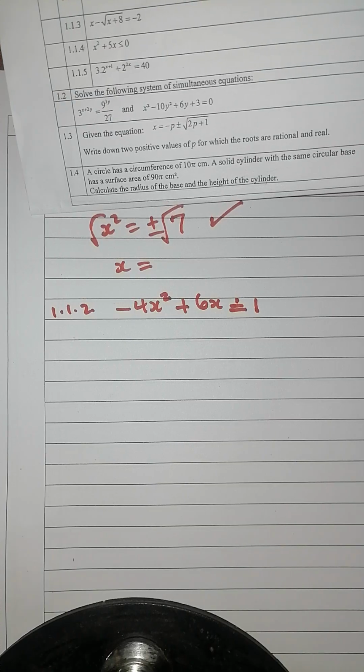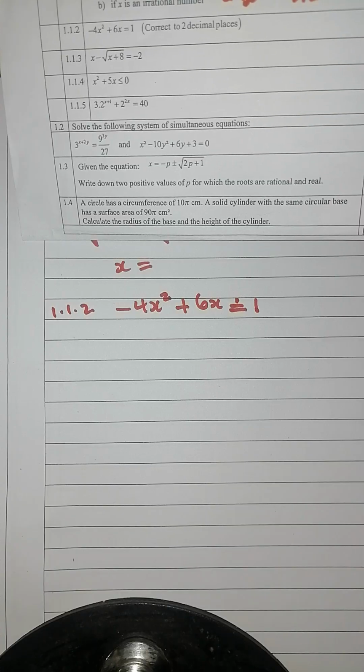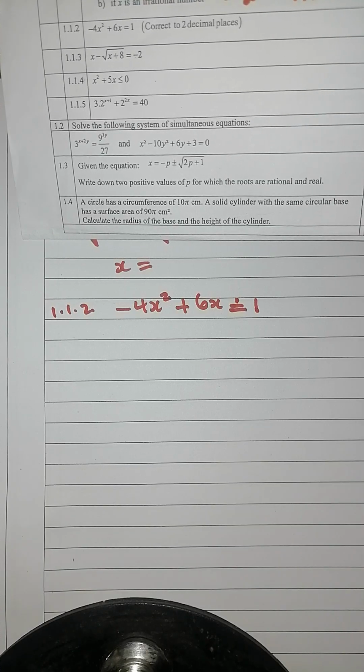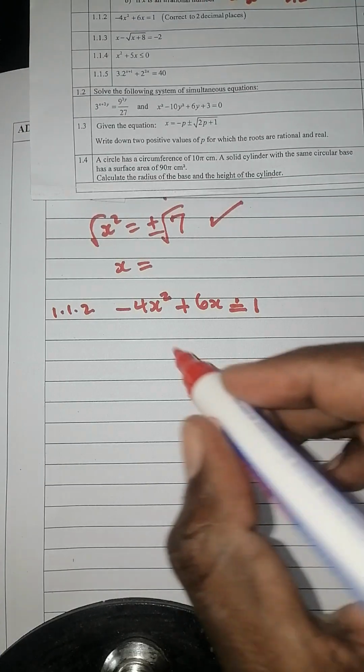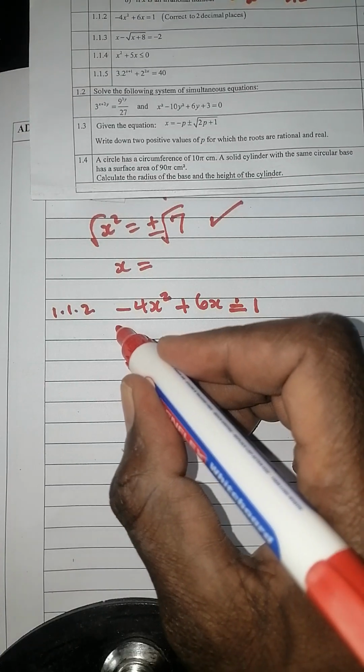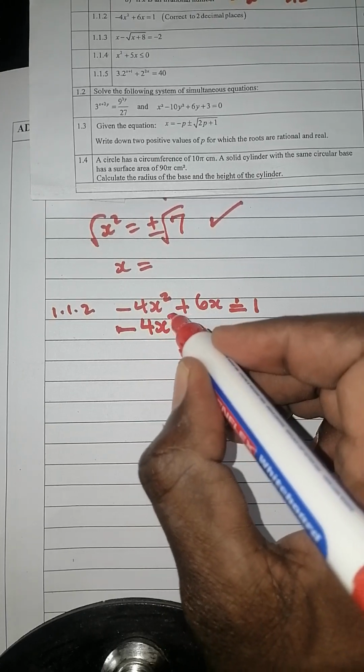Now when they say correct to 2 decimal places, they literally mean you have to use the quadratic formula. Maybe before you do that you have to transpose.